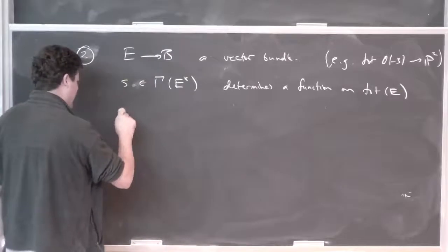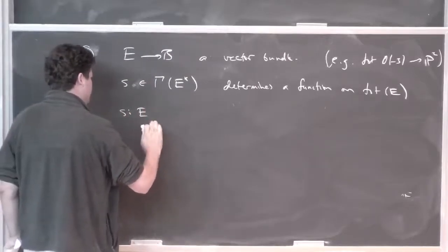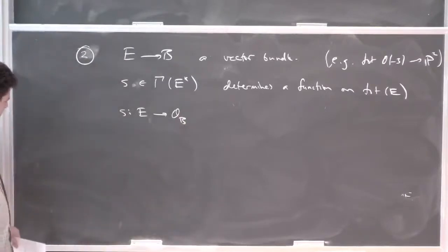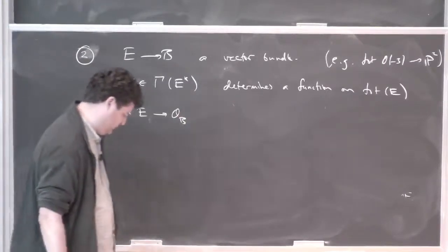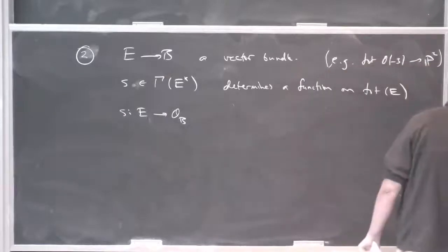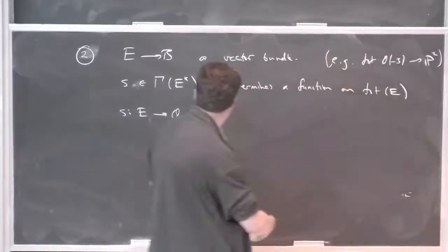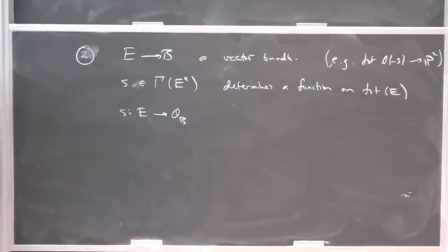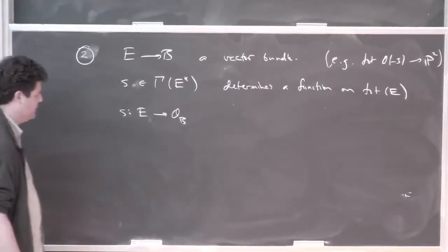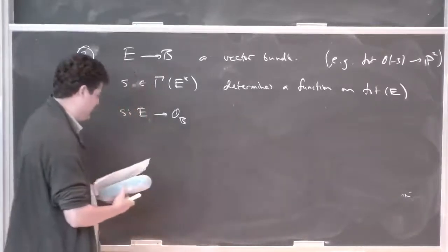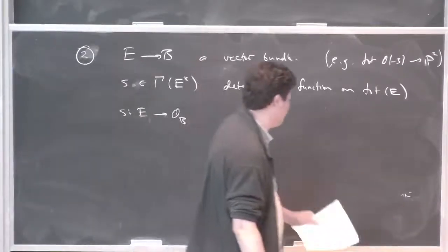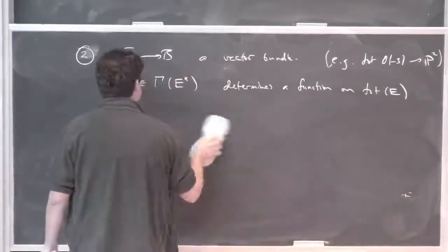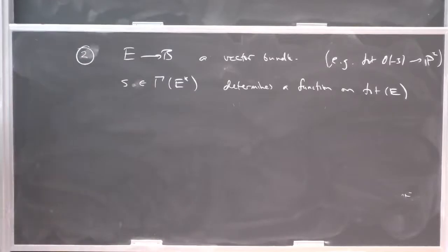If I think of S as a map of sheaves over B from E to O_B, it then determines a function on the total space of E. I'm not sure how much to say about this.